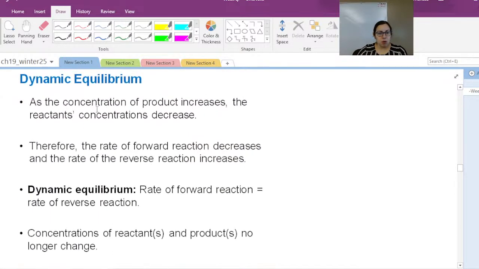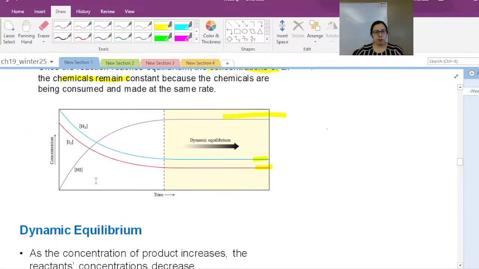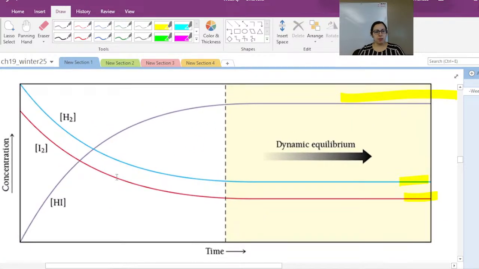And so again, it walks us through how this happens. We can look at our graph again. We started this reaction, and it looks like we're reacting hydrogen and iodine to form HI. So it's showing us our initial concentrations. All this is to say that our reactants are being consumed. And then we can see for ourselves, you can start measuring the tangent line there, that the rate decreases as the concentrations decrease, as our reactants are consumed.